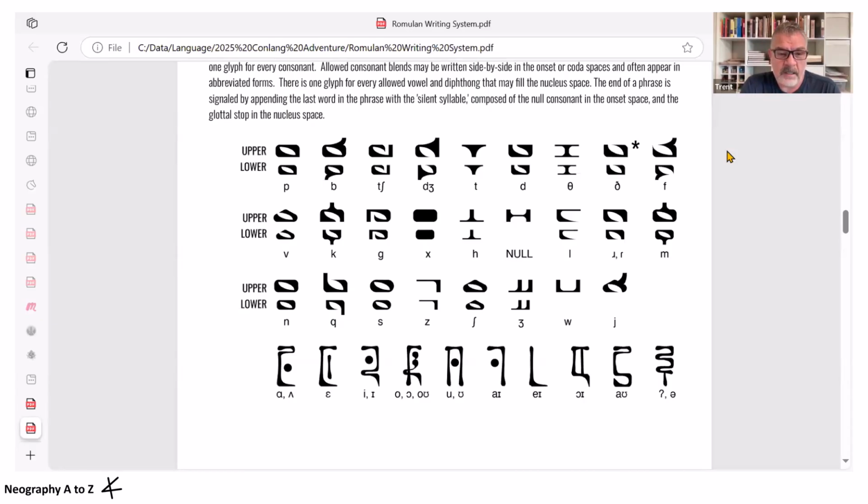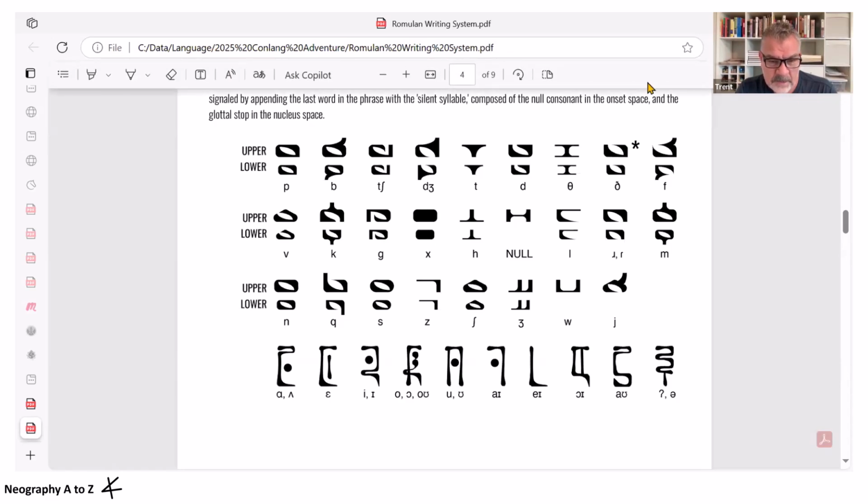So you have a larger upper and a smaller lower form. And you'll notice too that for any of the consonants that have an extender, like B and F and K, they will have a 180-degree rotation when they're on the bottom, so that the extender becomes a descender instead.